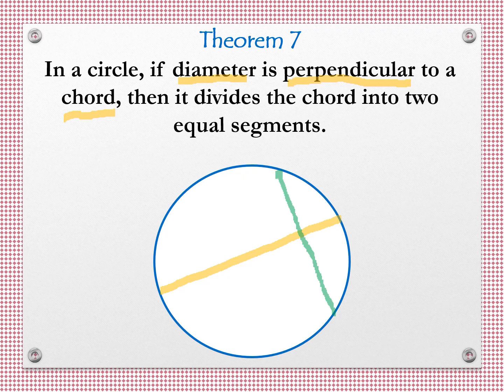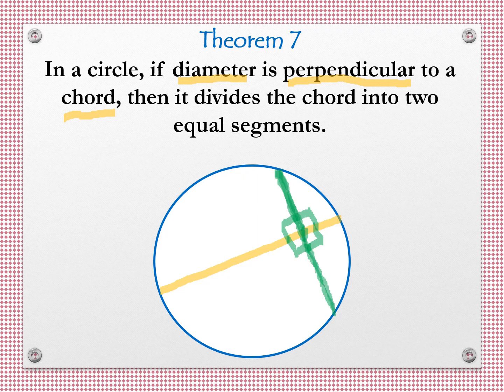To be perpendicular, just a recall, they form a square corner here. All the corners are square, meaning the measure of each corner is 90 degrees. Now, if the diameter divides the chord into two equal segments, we can say that this first length is equal to the other half length.